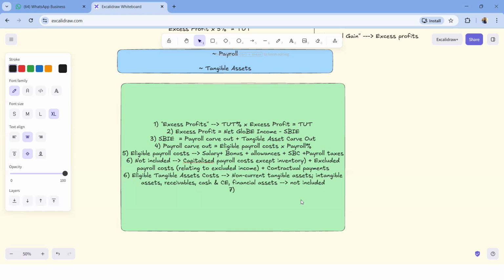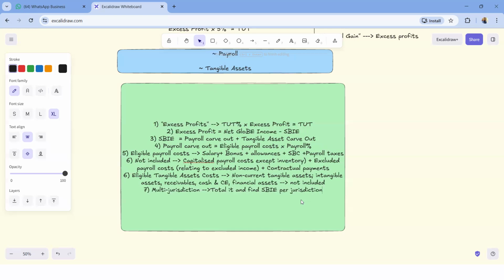Then what did we learn? You understand what is eligible payroll cost and eligible tangible assets. Then we learned that for multiple jurisdictions, you have to total it and find SBIE per jurisdiction.